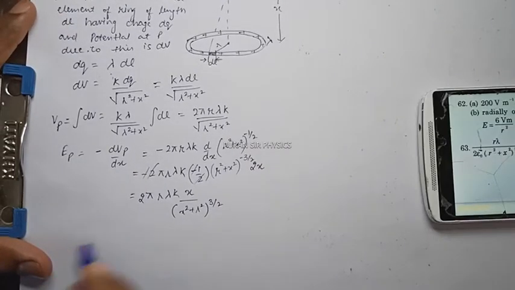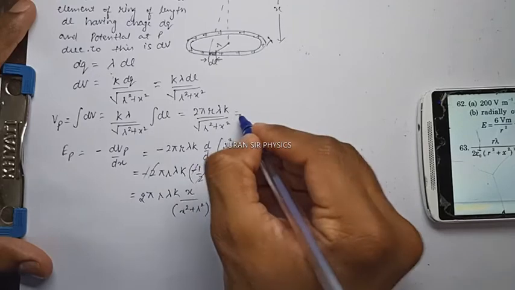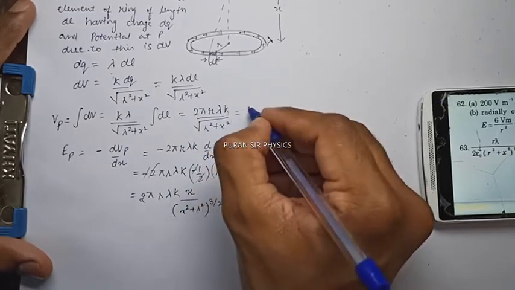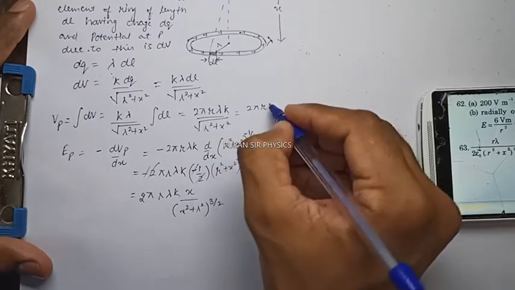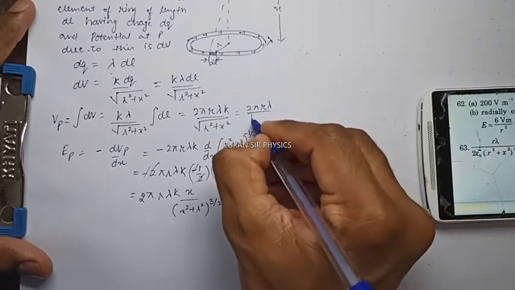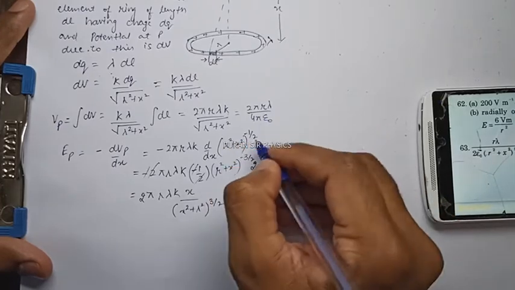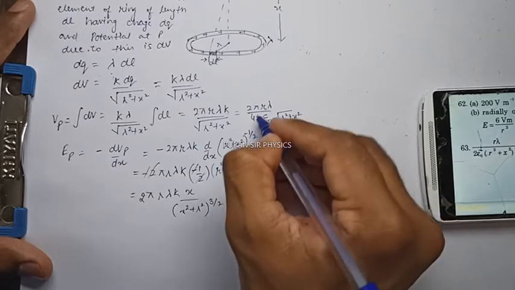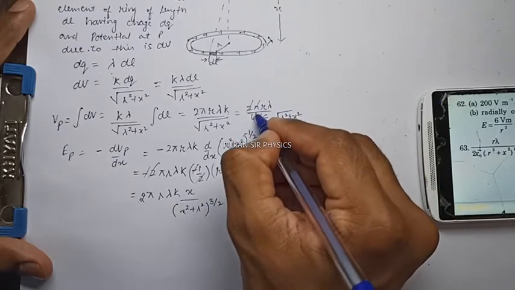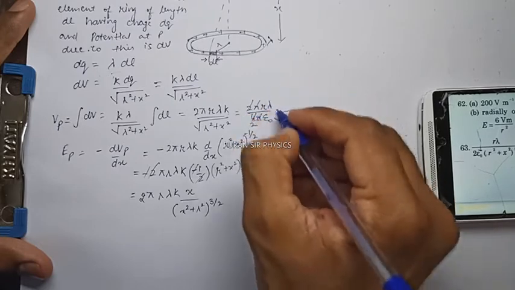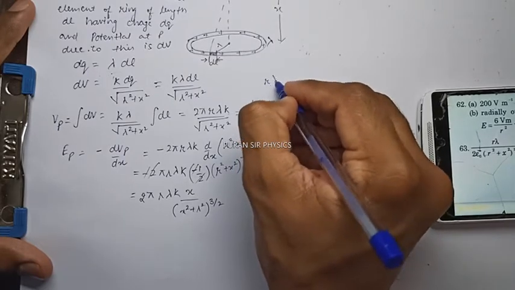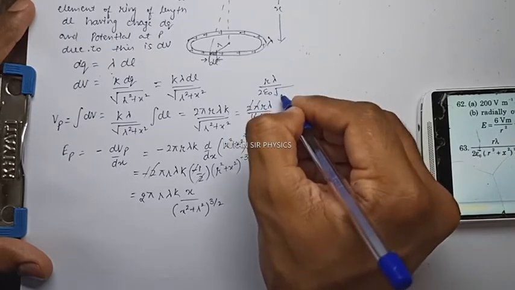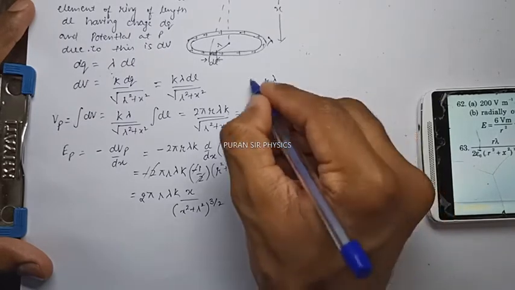Okay, so in potential, let us substitute the value of k. So it will become 2 pi r lambda upon 4 pi epsilon naught square root of r square plus x square. So it comes out to be r lambda by 2 epsilon naught square root of r square plus x square.